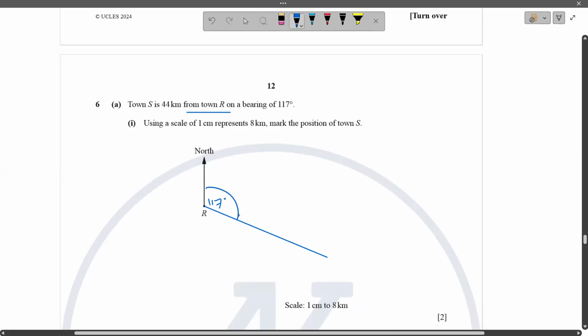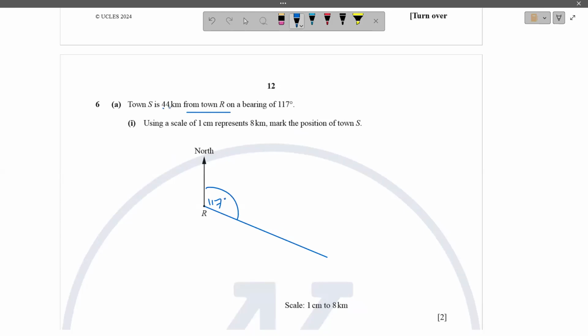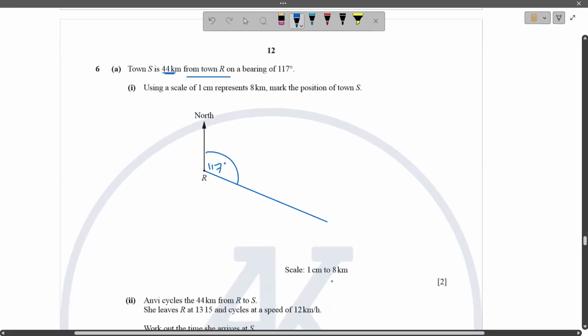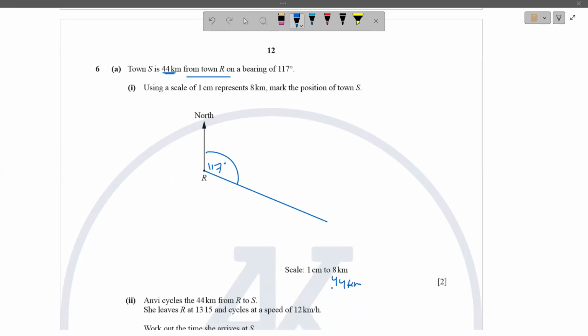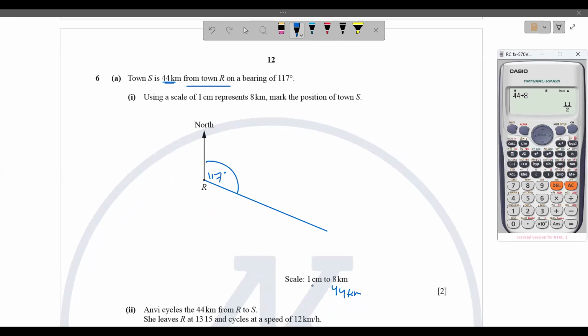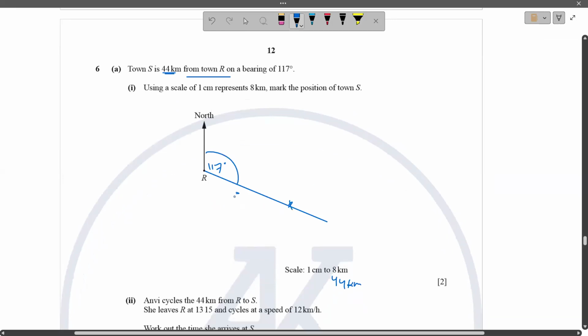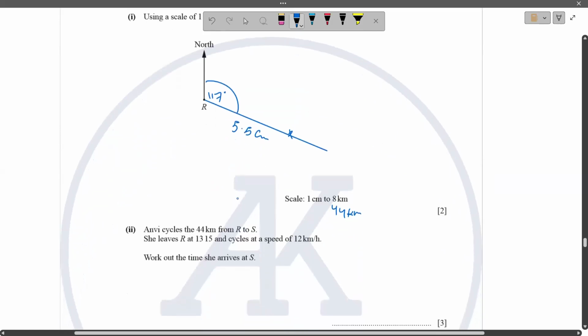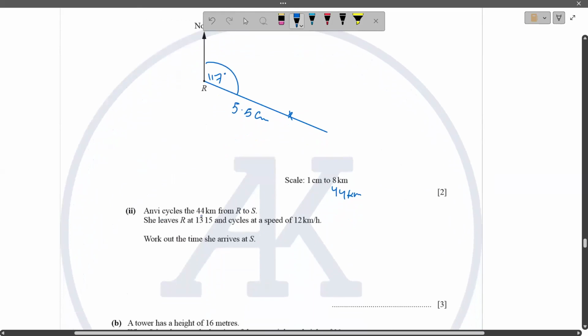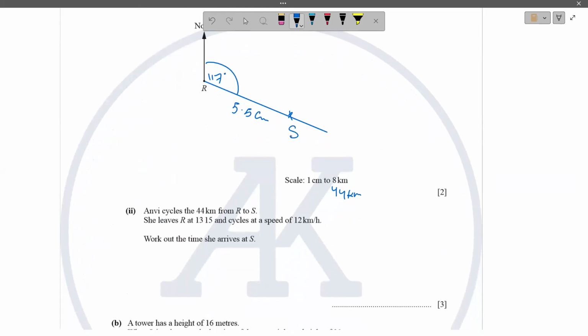Let's say that this is 117, and we need to measure 44 kilometers. Using the scale, 44 kilometers, we're going to divide it by 8. 44 divided by 8 is 5.5. So measure using a ruler 5.5 centimeters here. And we cycle the 44 kilometers from R to S.